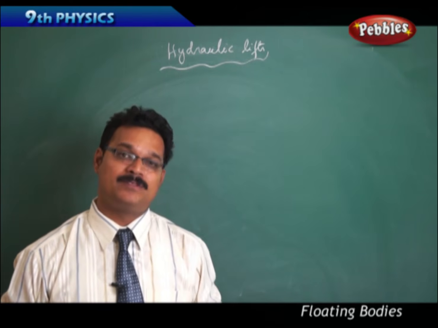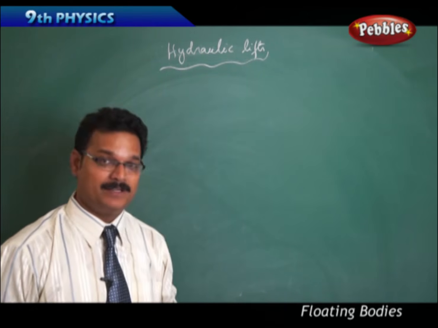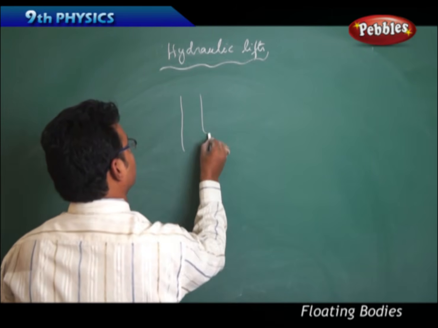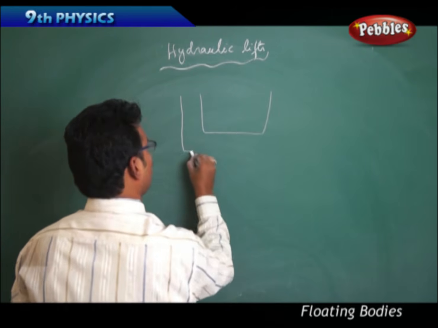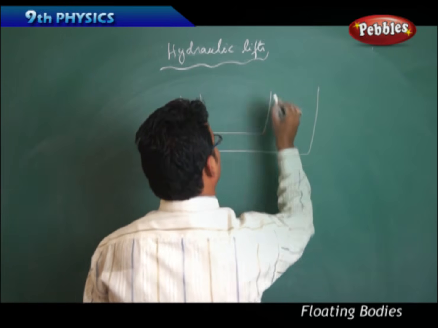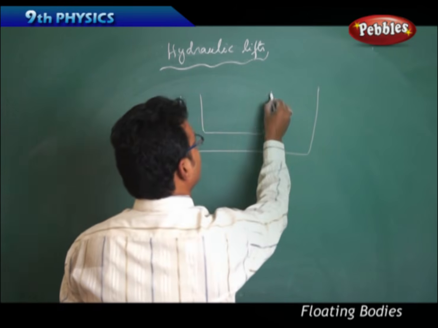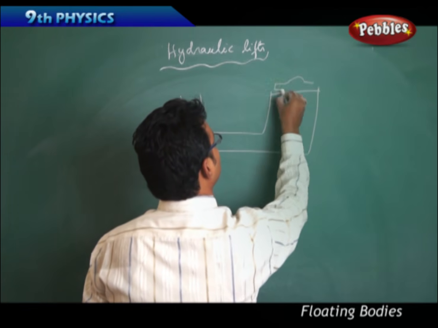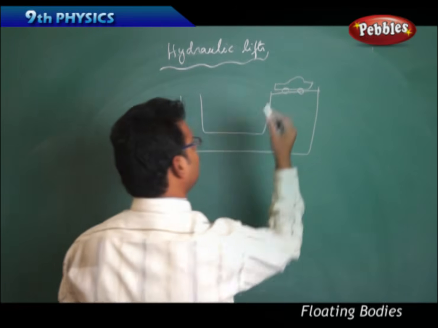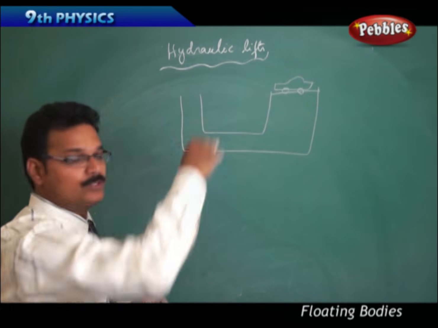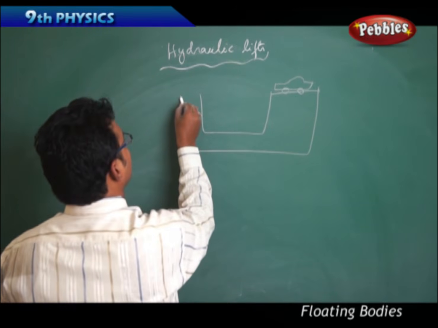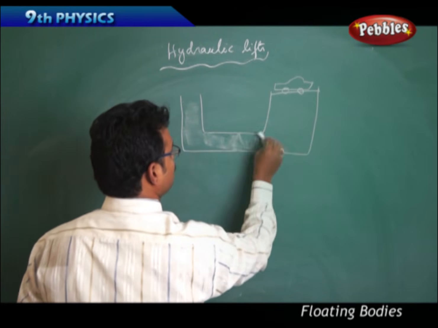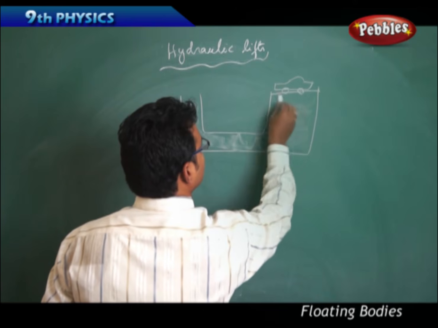So how does it happen? I will tell you mathematically. This is a system generally used for hydraulic lifts. Here is the platform where your car is placed, and a U-shaped tube, and this U-shaped tube is filled with liquid.